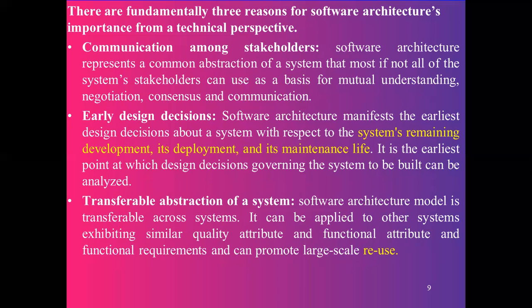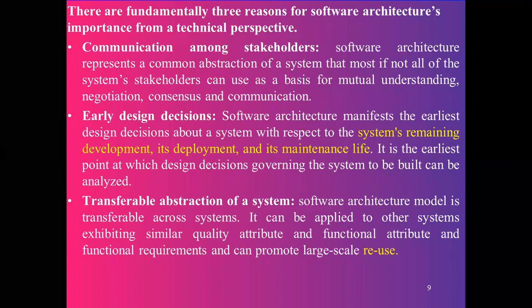Suppose we have written one function for one task, like calculating the area of anything. We can use that function or that abstraction in another system. That means reusability here. So we can transfer that abstraction of the system. These are the three reasons why software architecture is important.